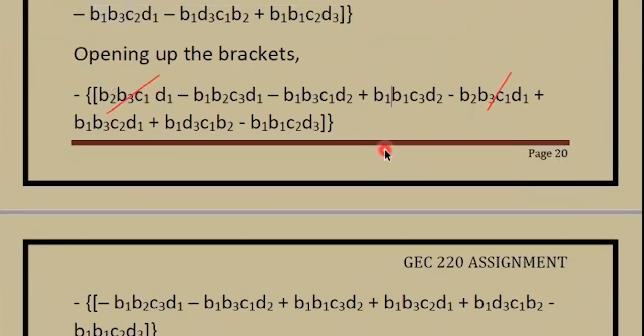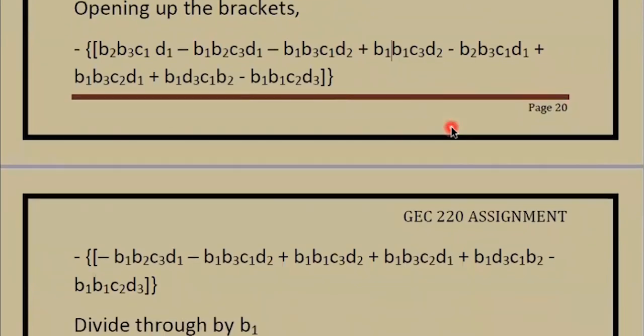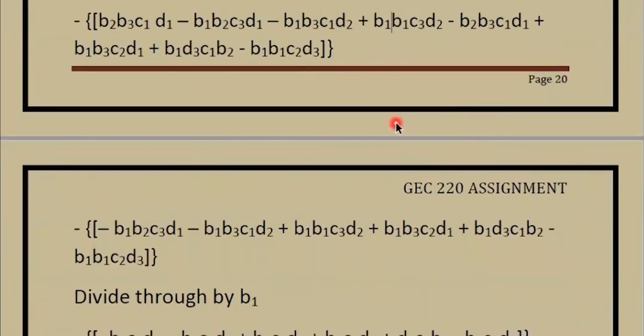Okay, we've cancelled them out. After cancelling them out, we are left with this.